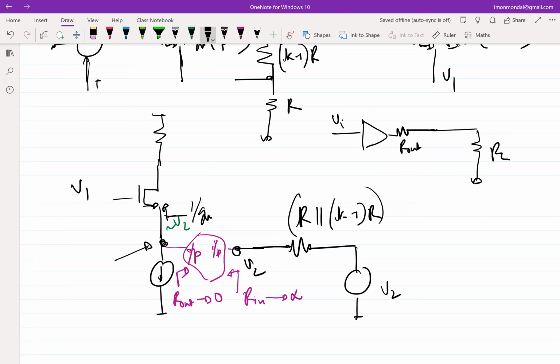This is VI, this is A times VI, and this is R out. You want this output voltage to also be equal to A times VI. Then you want R out to be 0. So this is the stuff inside the box, right? So it basically goes back to what type of control sources, when do you use which one.